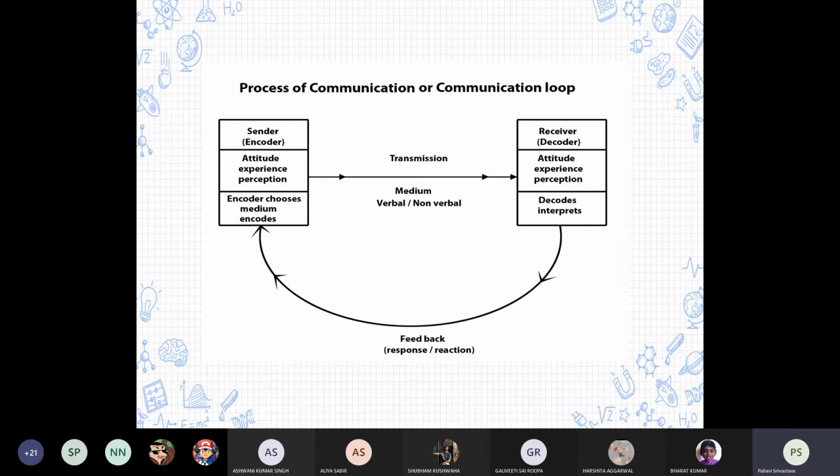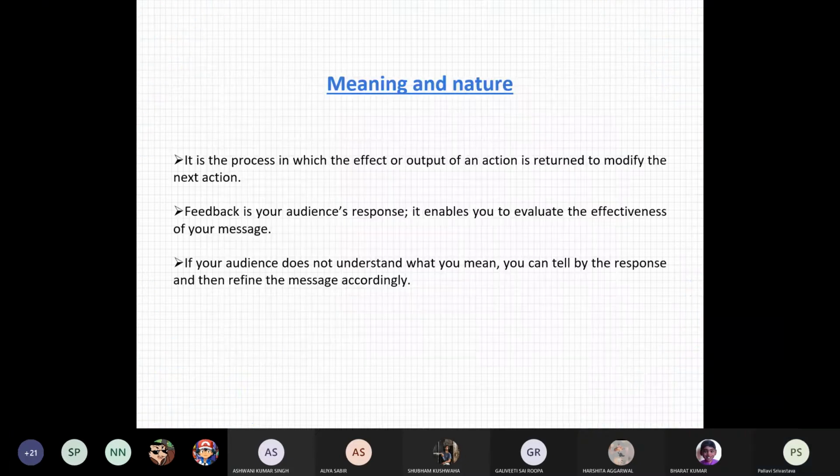Or it can be a question as well, so there can be modification, there can be clarification, they can ask for more questions, they can ask for more explanation. So on the basis of how the first one is being accepted, or decoded, the second action depends on the first action. So it is returned to modify the next action.